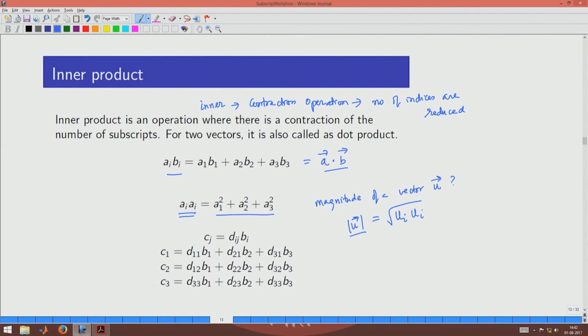You could also use the idea of contraction operation over quantities that are of higher order also. So, what are we doing in this expression? The index I is reduced and only the j is remaining.